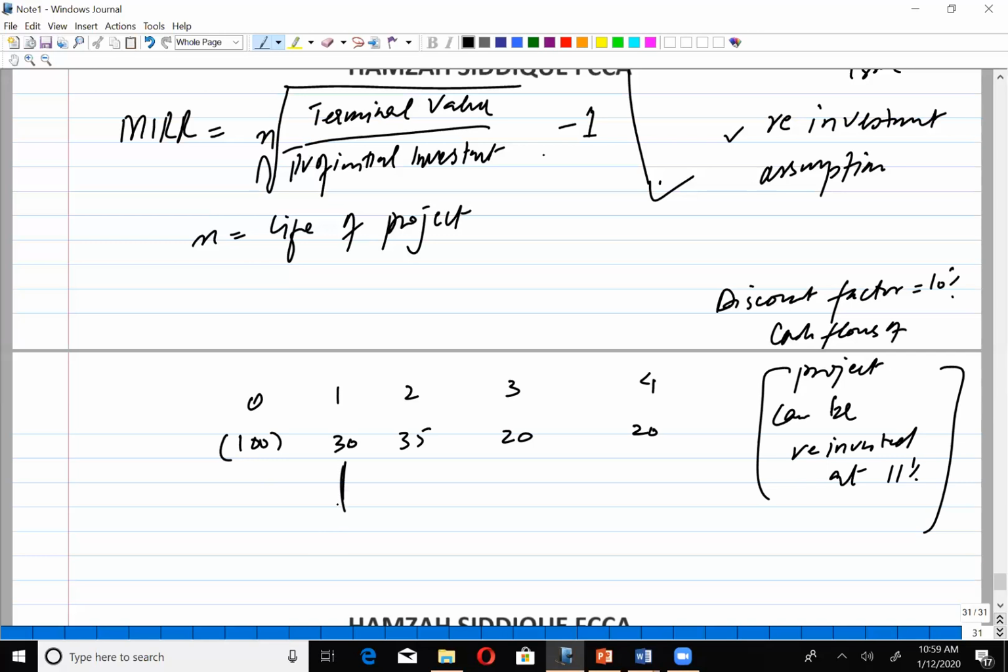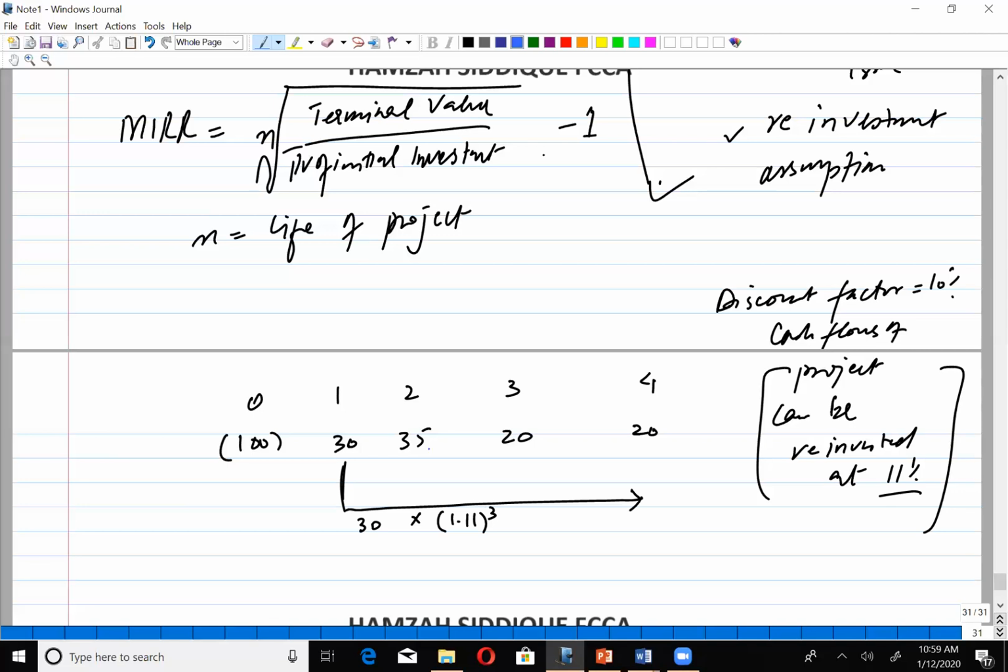Cash flow in year 1, 30. Invested for how many years? 3 years at 11%. So 30 into 1.11 raised to power 3. In 3 years it will grow.